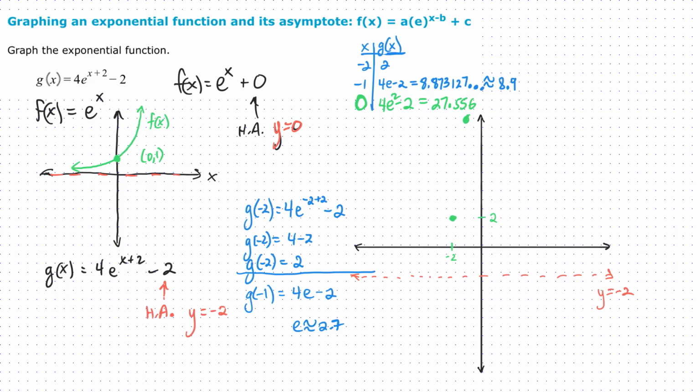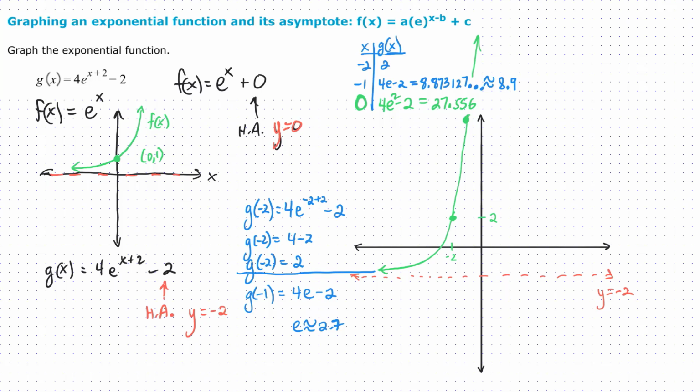About 8.9 is about there. And do your best. It's very likely going to shoot up like this. And then it approaches the horizontal asymptote like that. So there's your graph.